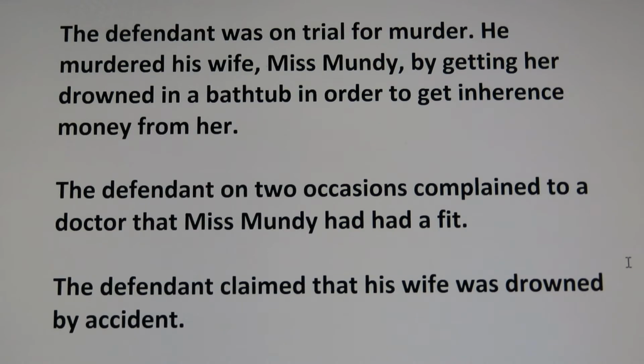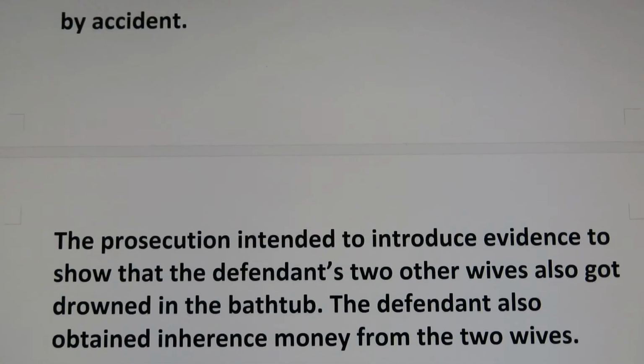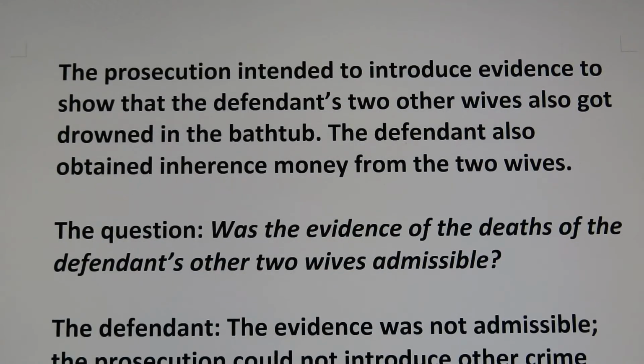The prosecution later found out the defendant had two other wives in addition to Miss Mundy. These two wives also got drowned in the bathtub, and in both cases the defendant also obtained inheritance money.